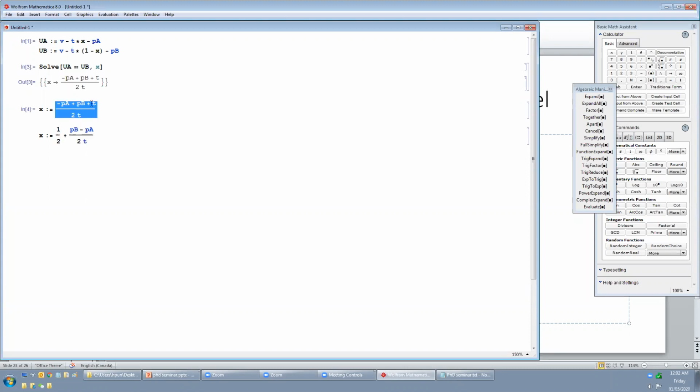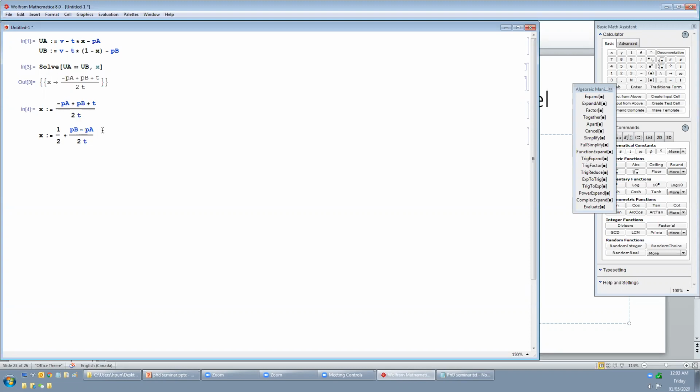You will notice that there's a t at the end divided by 2t. So t divided by 2t, we get 1/2. We have PB minus PA. So let's try to understand this function.